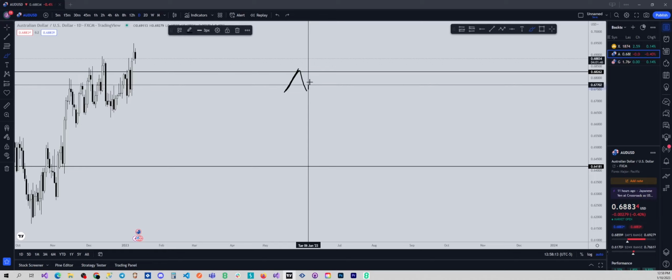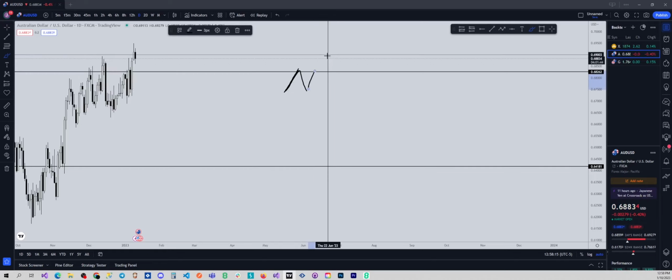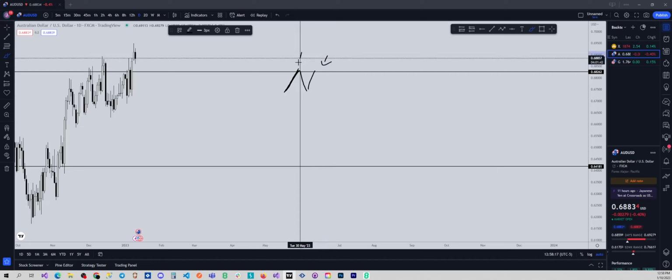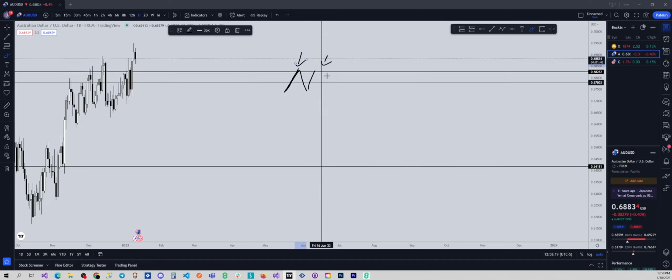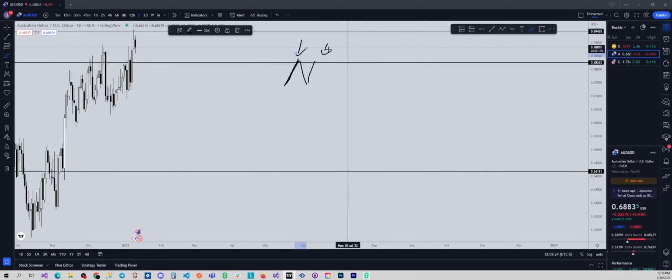So we want to see a second rejection potentially forming over here. One rejection is not enough. But if we get a second rejection, if we start to see bullishness slowing down and bearish pressure kicking in, then that is a good indication that price wants to go down.